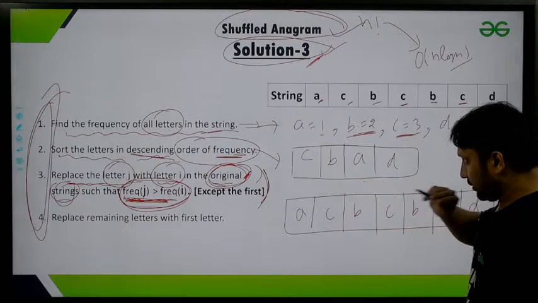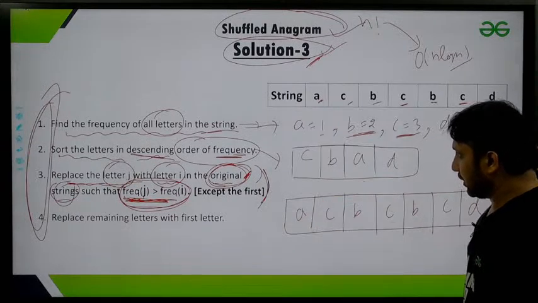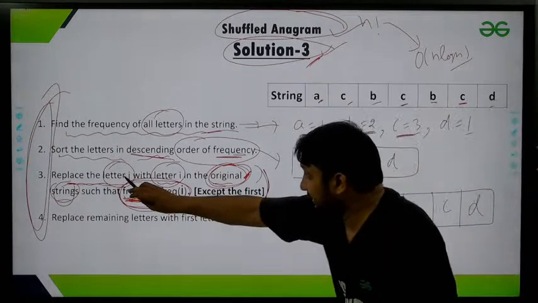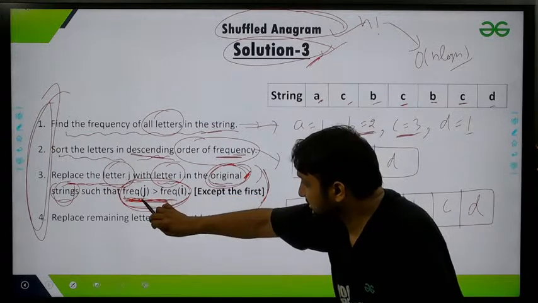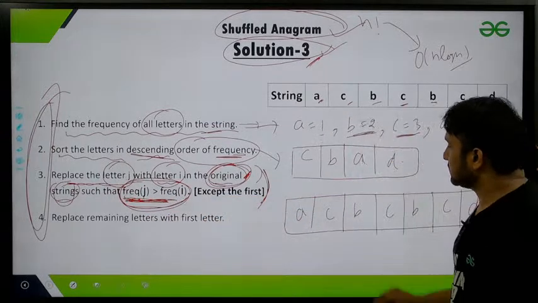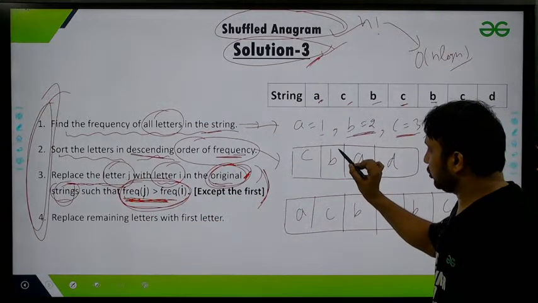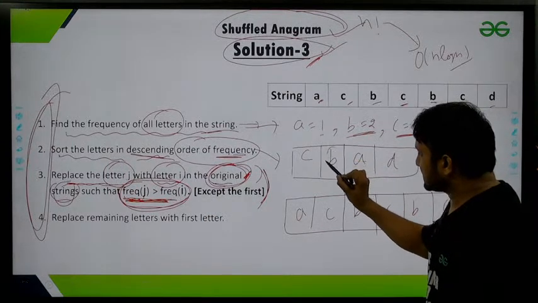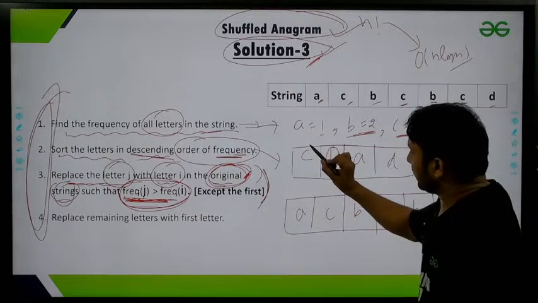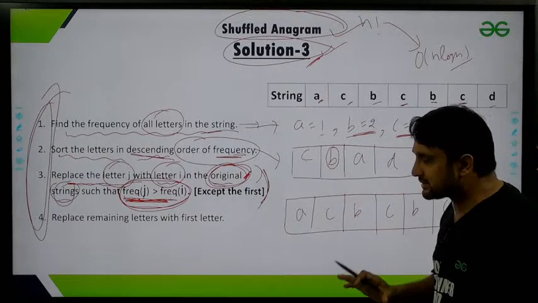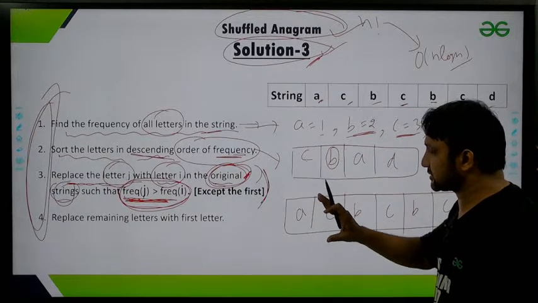Now, according to the step, I need to replace letter J with letter I such that the frequency of letter J is greater than that of letter I. See, B has less frequency than C. Let me start the third step.